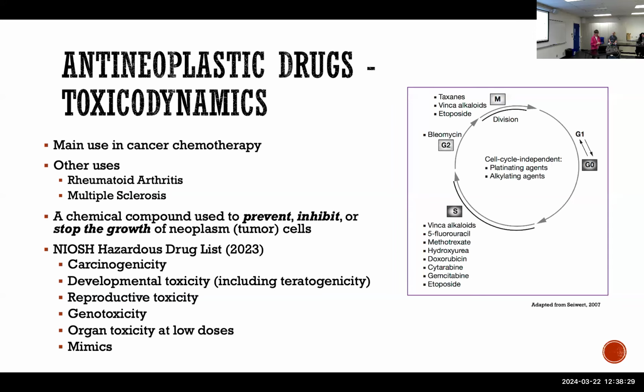So you can see under the NIOSH hazardous drug list, a list of different types of toxicities and target organs. And I should mention that the antineoplastic drugs are a subset of a larger category called hazardous drugs. So you may hear us sometimes refer to hazardous drugs. In this talk, if we say hazardous drugs, we're specifically referring to the antineoplastic drugs.